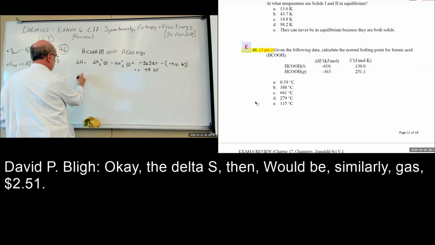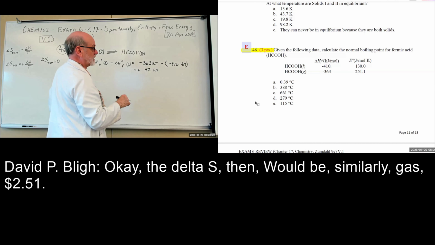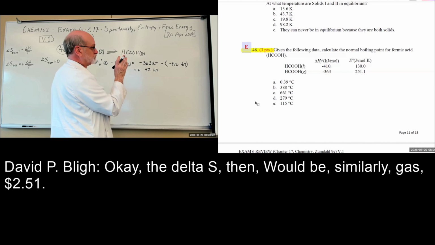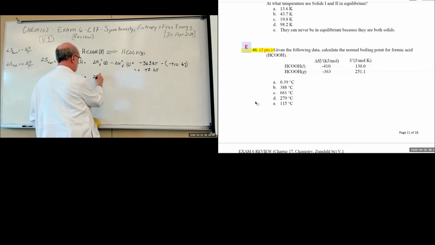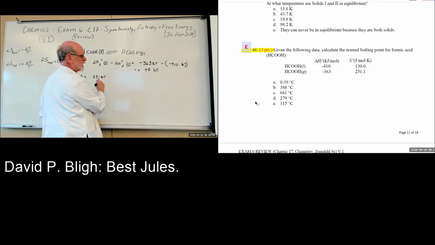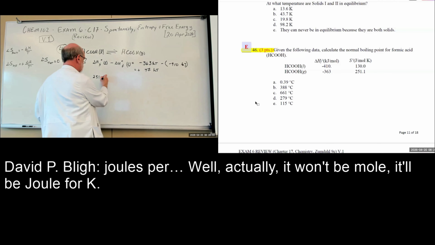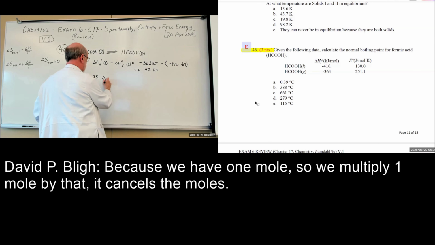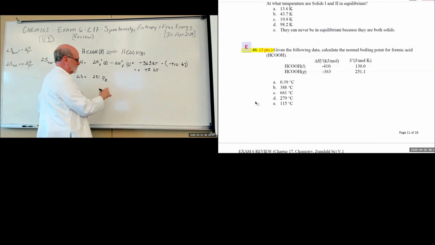The delta S would be similarly gas 251 joules per K, not per mole, because we have 1 mole. We multiply 1 mole by that, and it cancels the moles.